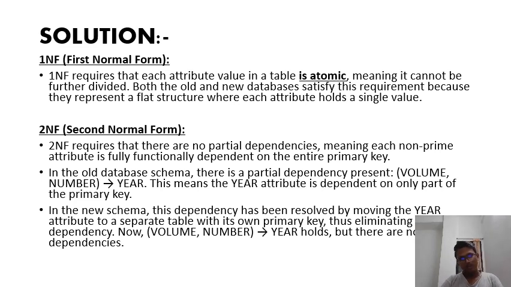Second normal form requires that there is no partial dependency, meaning each non-prime attribute is fully functionally dependent on the entire primary key. And now in the old database schema, as we can see, the answer is there.